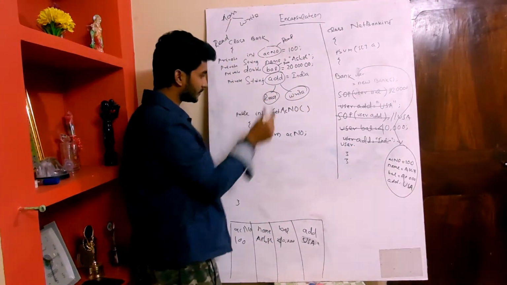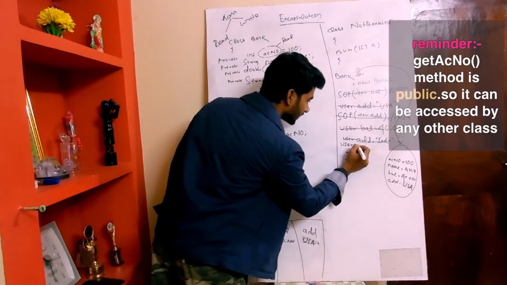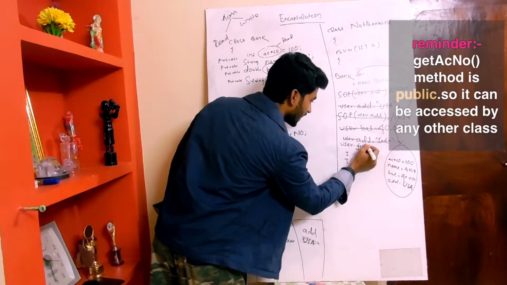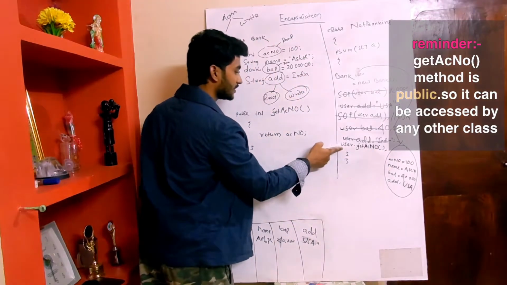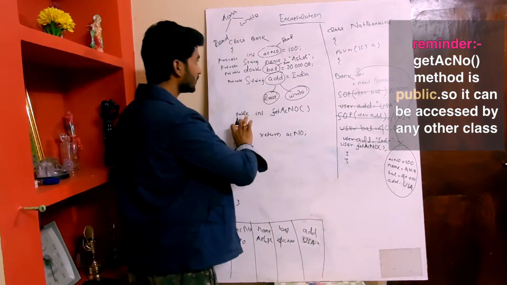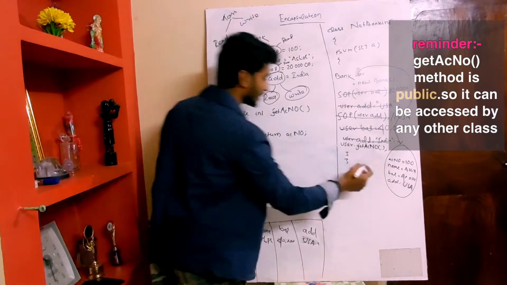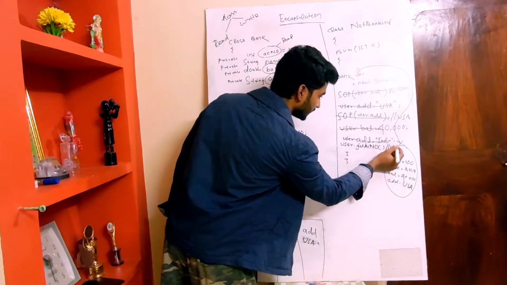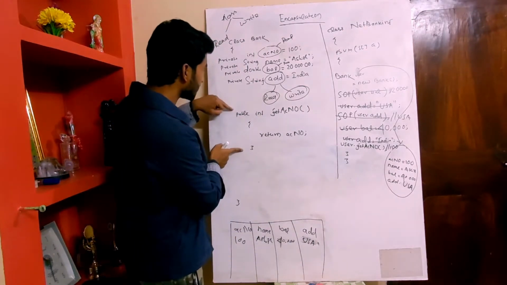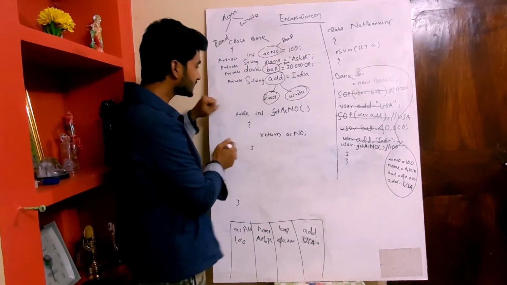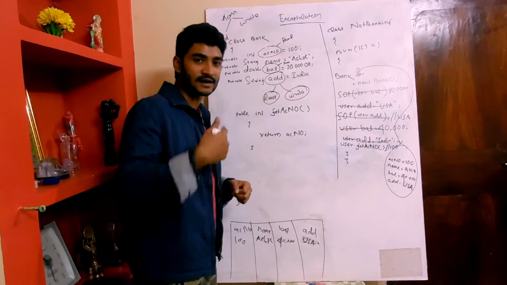They cannot access this variable, but they can access this method, right? If they write this line over here, this will return me the account number. The account number is 100, right? So this is what is going to get into the output. So I am just giving him a read access, right? Now let's see how to give read access and write access both.